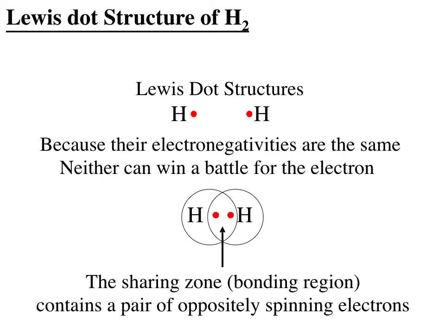At any given time, the hydrogen on the right thinks that those two electrons belong to it, and they are completely shared by the two hydrogens. So the bonding region is the region between the two nuclei where there is enhanced electron density due to the sharing of electrons by the two atoms.